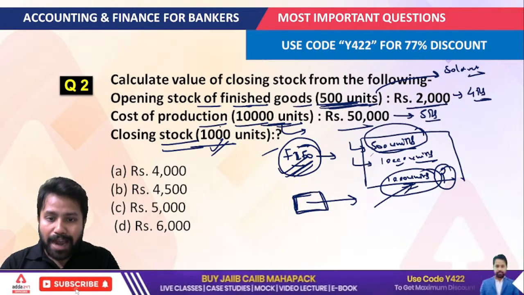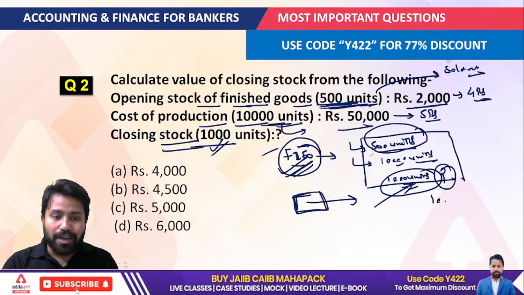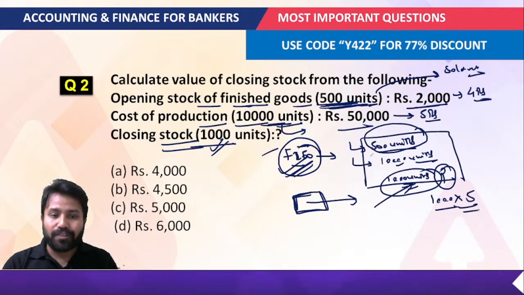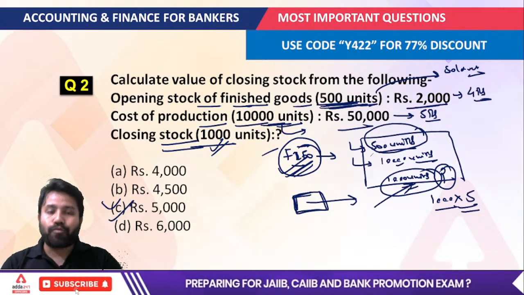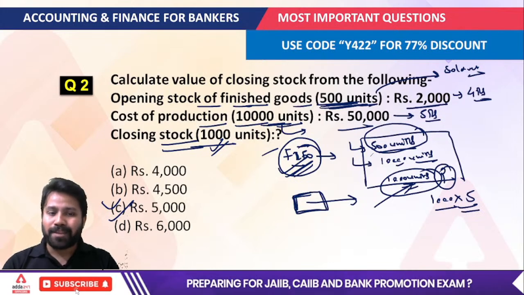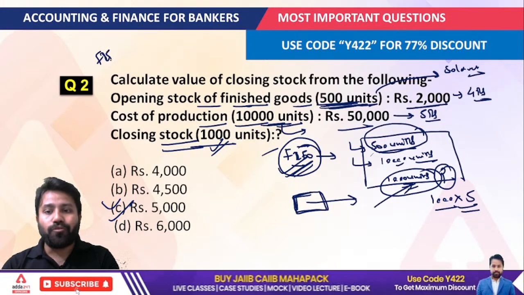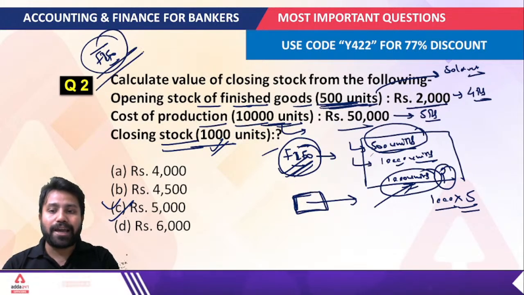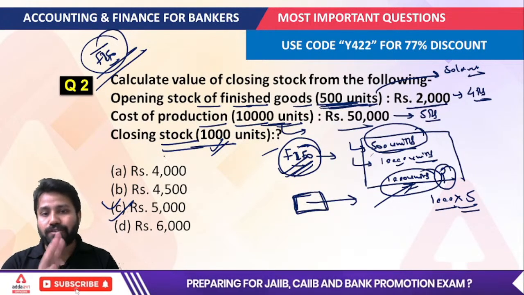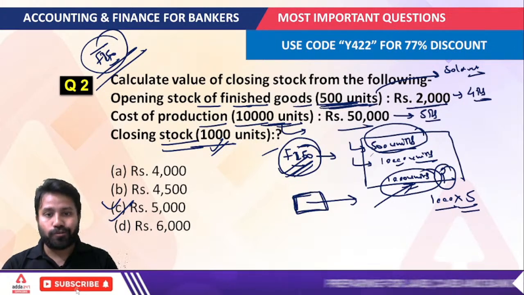So the answer would be 1,000 multiplied by 5, which is 5,000 rupees. This is how we solve this question. A very important concept is to apply FIFO, first in first out. Right. Next question.